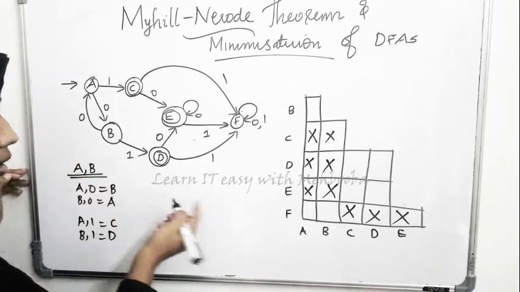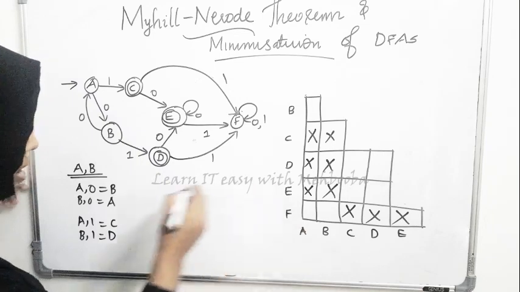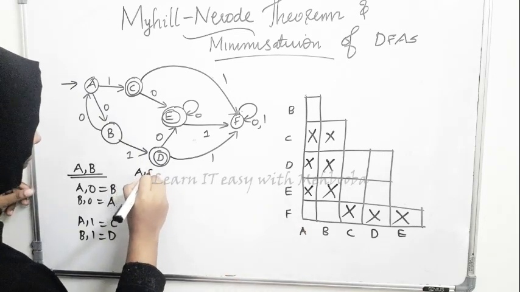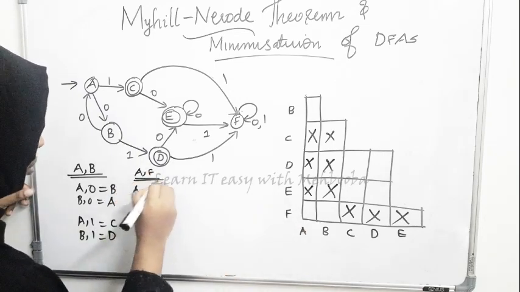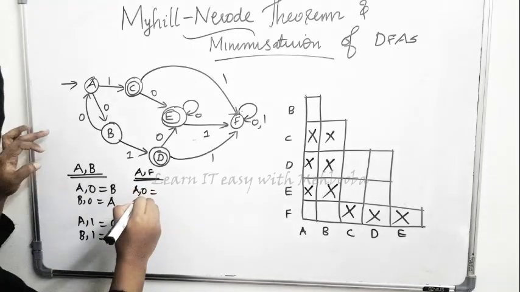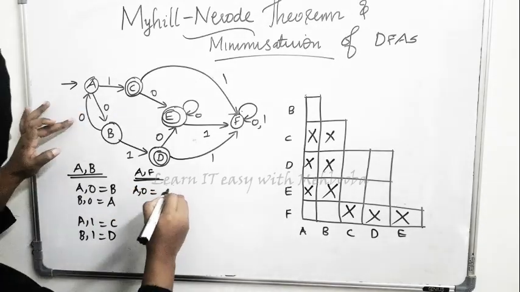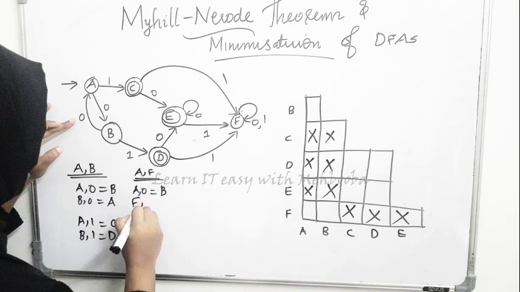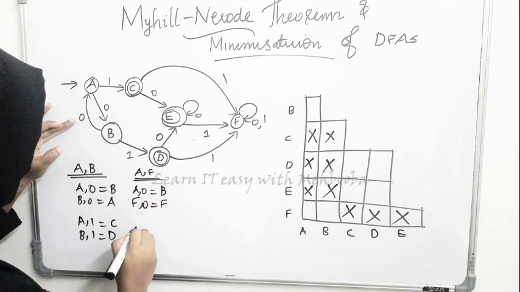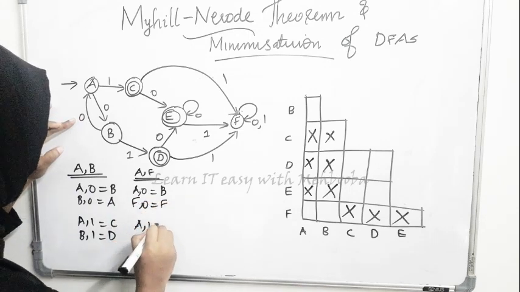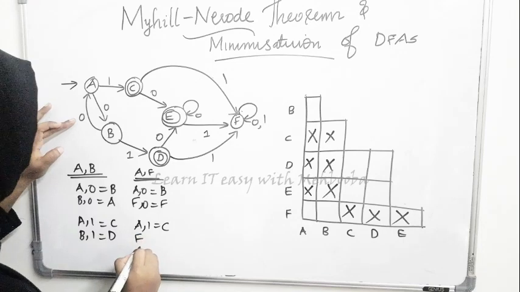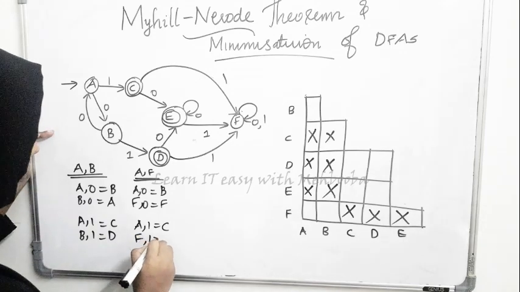Now another pair is AF. A on 0 goes to B. F on 0 goes to F itself. Now A on 1 goes to C, and F on 1 goes to F itself.